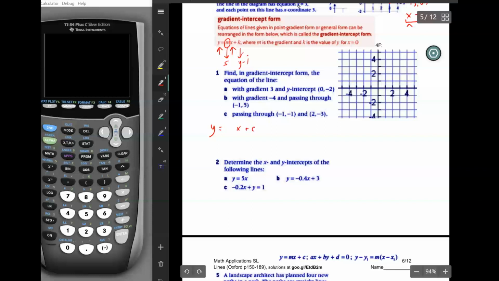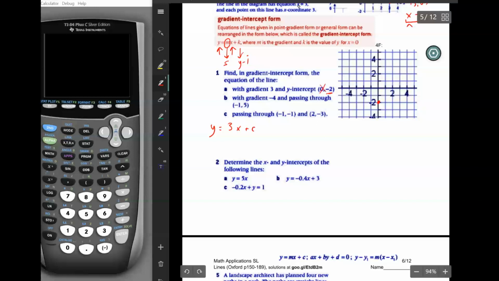So let's just replace the m value with 3, because that's the gradient, and we'll replace the c value with -2, okay? If the y-intercept is (0, -2), that means it's this point here. The 0 is just indicating that the x value of the y-intercept is 0, which is obvious because the definition of the y-intercept is the part of the line where x equals 0.